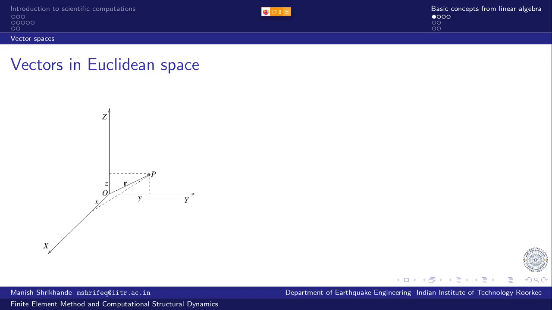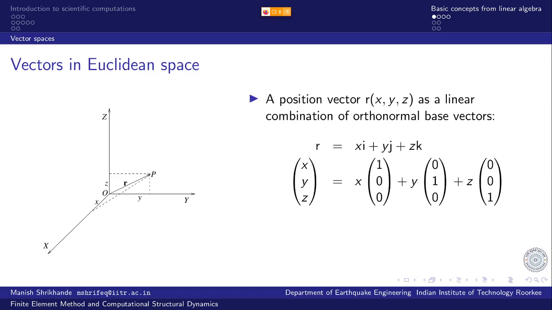So, vectors in Euclidean space, this is what I was referring to, x, y and z. Any point given by the coordinates x, y, z can be defined as a position vector r starting from the origin, pointing towards that point. Now, what does this position vector r do? Position vector r, defined by the coordinates x, y, z, is essentially a linear combination of orthonormal base vectors.